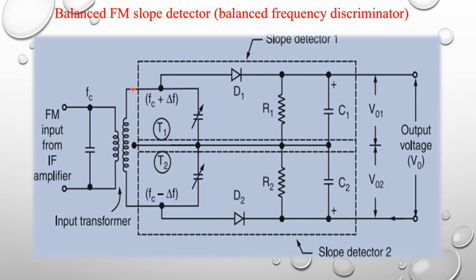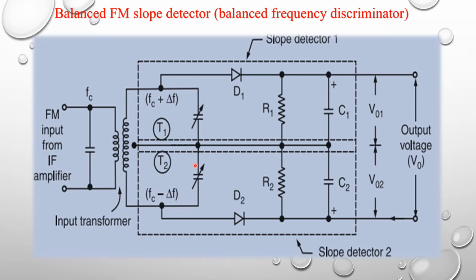The tuning circuit output is connected to the envelope detector, which consists of diode D1, resistor R1 and capacitor C1. Across the capacitor we receive the slope detector 1 output, V01.